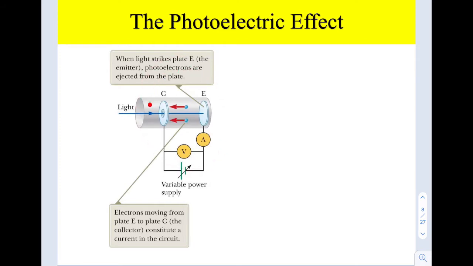Let's take a look in detail at how the mechanism of the photoelectric effect happens.